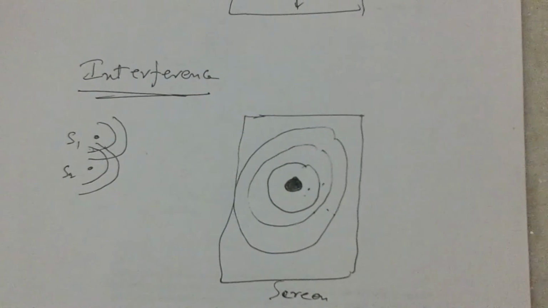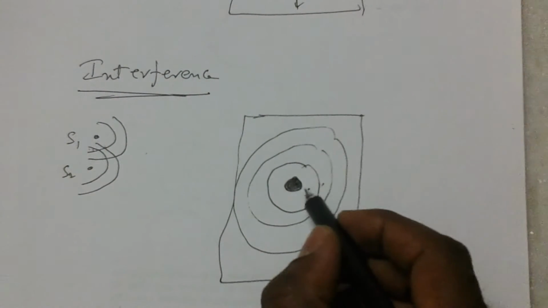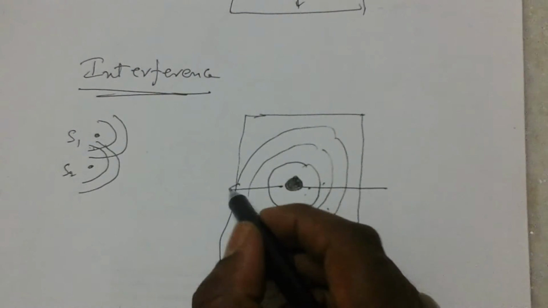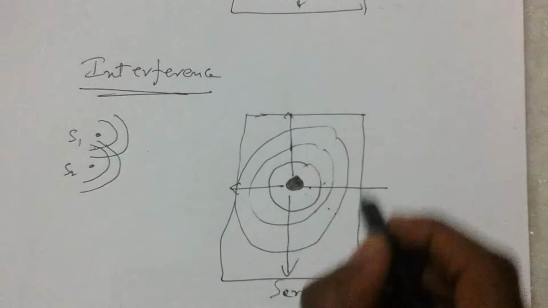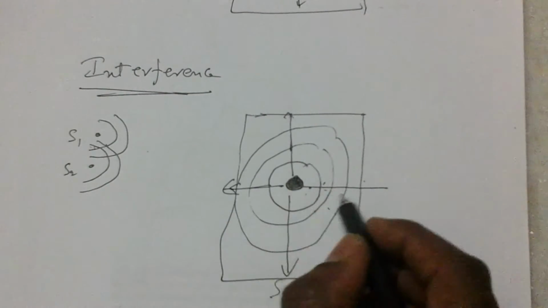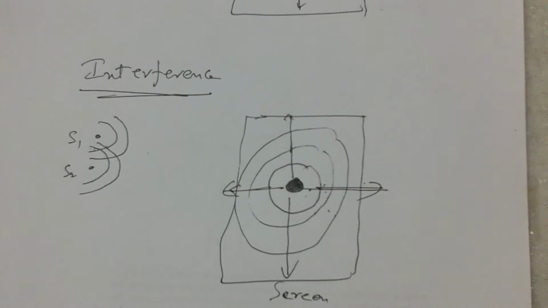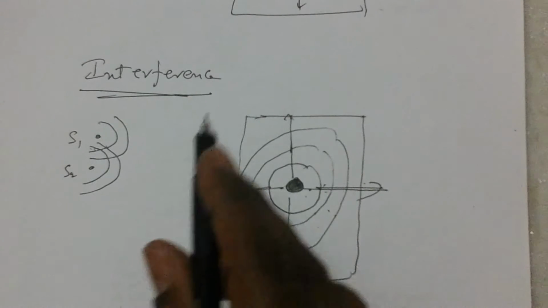Like this, uniform intensity is present if you go either side of the pattern, top, bottom, left, right. In any direction, you can see uniform bright and dark fringes, uniform intensity. But here one thing you have to remember: the bright fringe will be uniform intensity as you go left or right, or top or down.